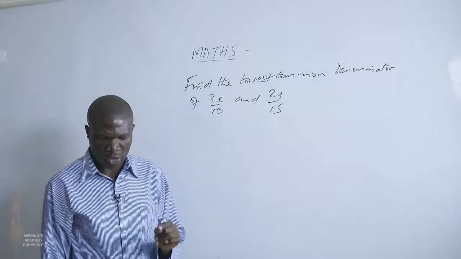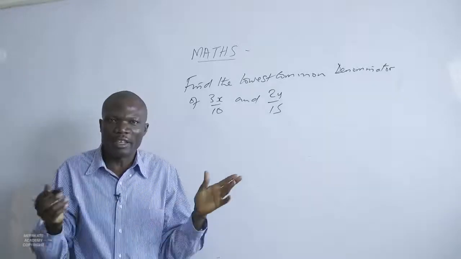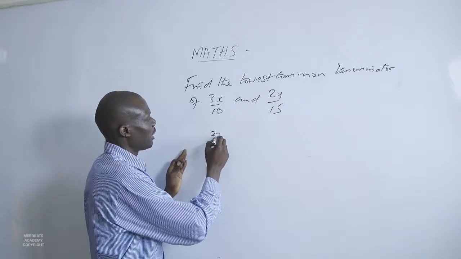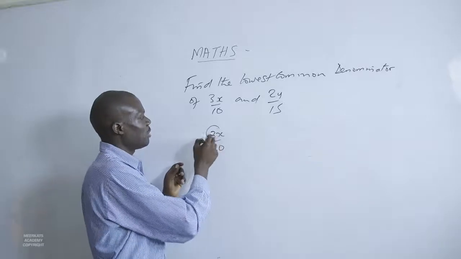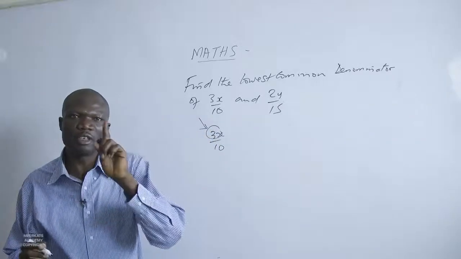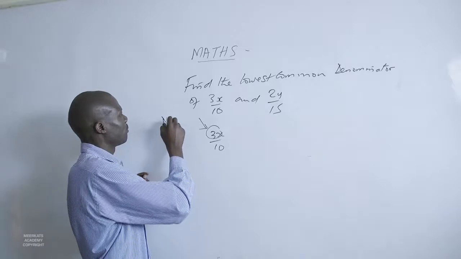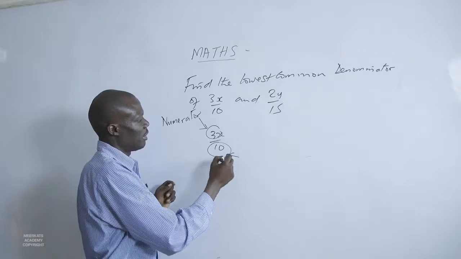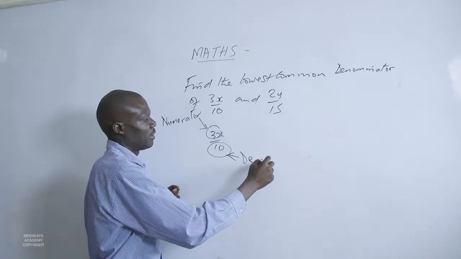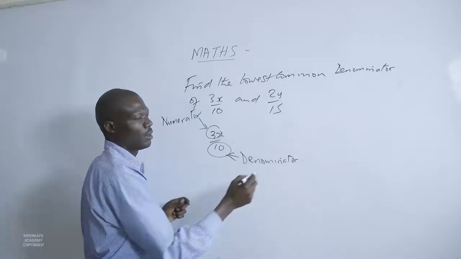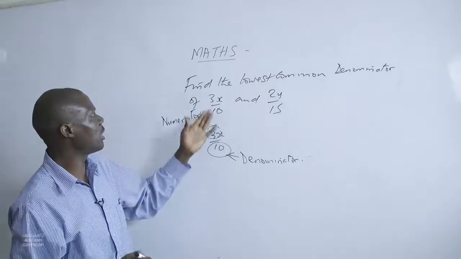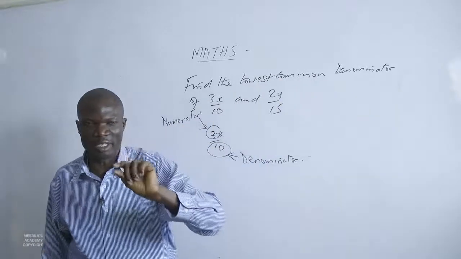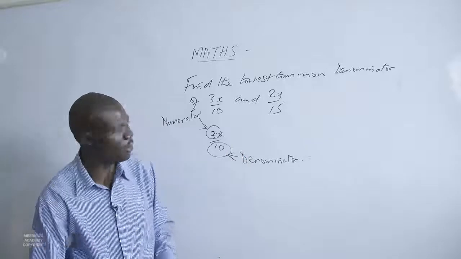Now, the question is, what are the denominators? As we saw earlier, in 3x over 10, the 3x we call the numerator, and this 10 here we call the denominator. So our question requires us to find the lowest common denominator.